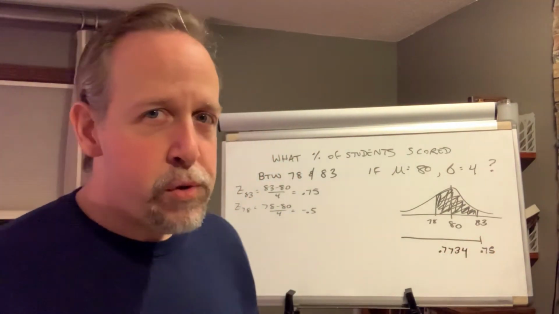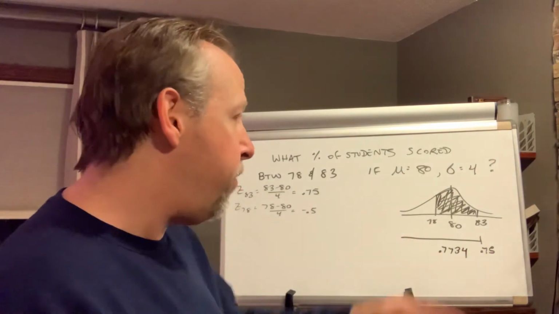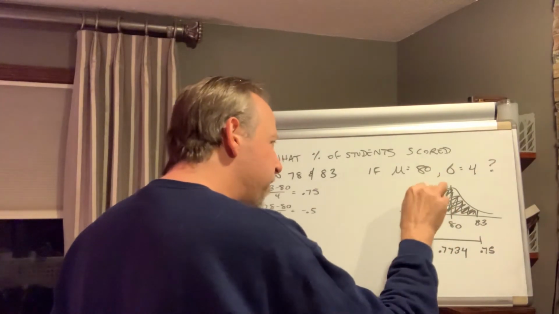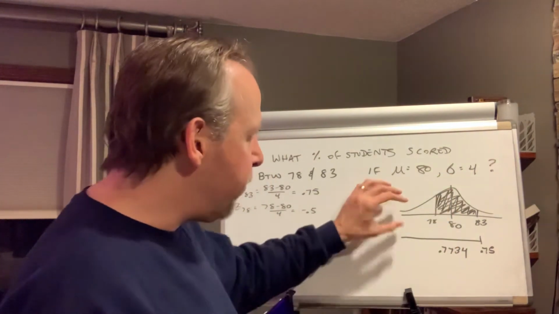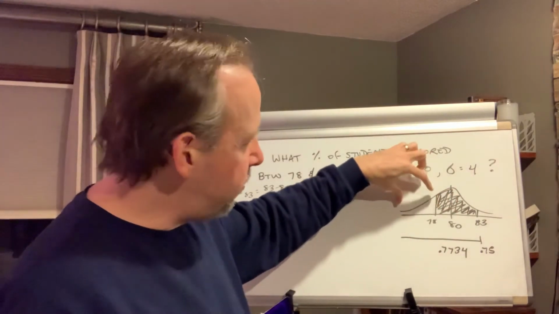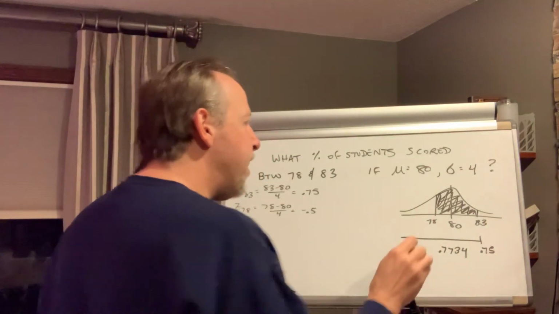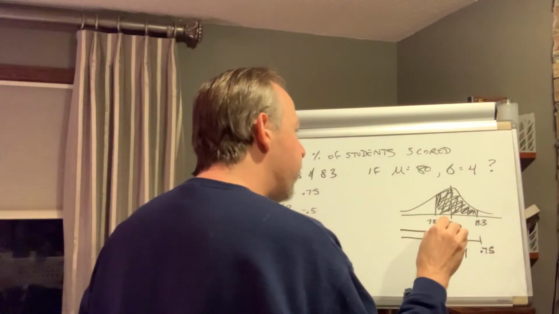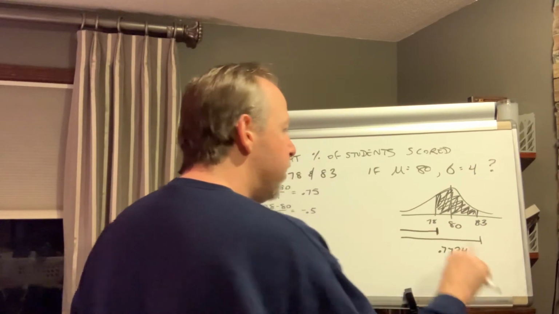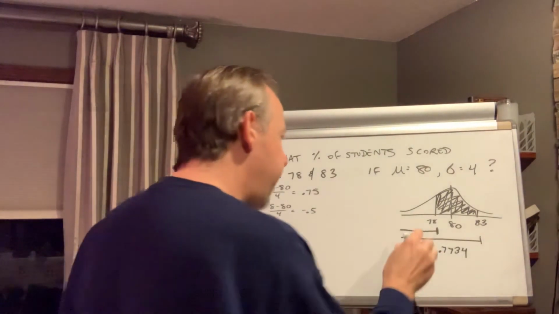But the question wasn't who did that person beat. It was what percent of people scored between two values. So if you want to get rid of this white space from my answer, right now my answer is everything shaded up to here. But I don't really want this white space chunk in my answer. So if I find out the area that is up to that z-score of negative 0.5, I find that that's 0.3085.